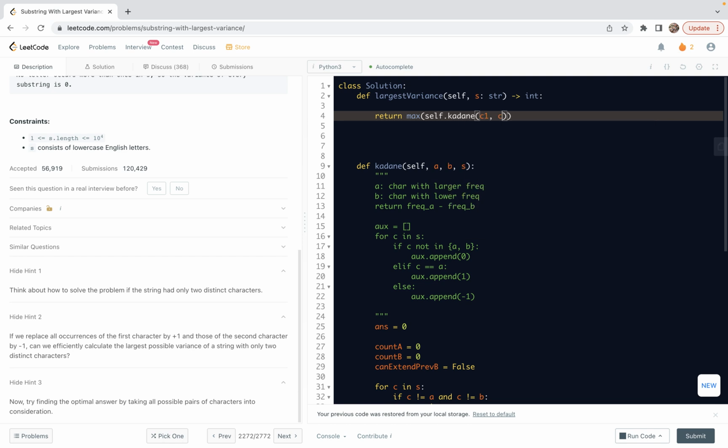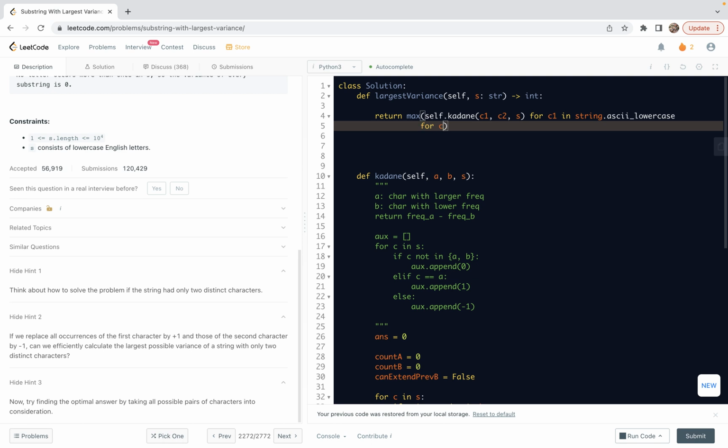Character 1, character 2, S. So for C1 in the lowercase letters, that is string ASCII lowercase, and then for C2 in string ASCII lowercase, if C1 does not equal C2. If these two are the same, then we are going to get 0.